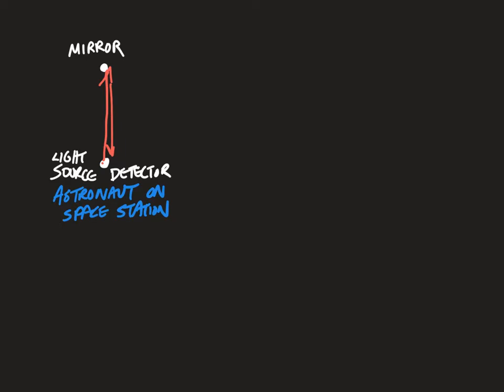And if it were possible, with Superman vision, looking through the wall of the space station, there's this regular old astronaut standing there doing their little light experiment, where they shoot a beam of light along some distance, short enough, and then it bounces back. In the astronaut's frame of reference, they can't actually see the beam of light make the trip. They just see the beam of light, and they get this detection.